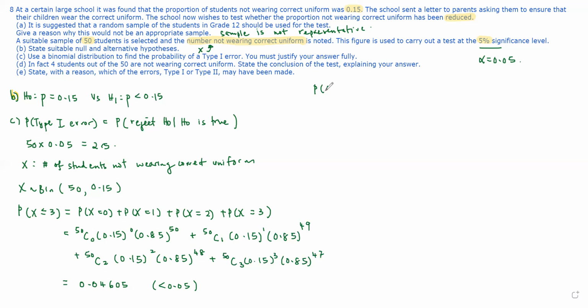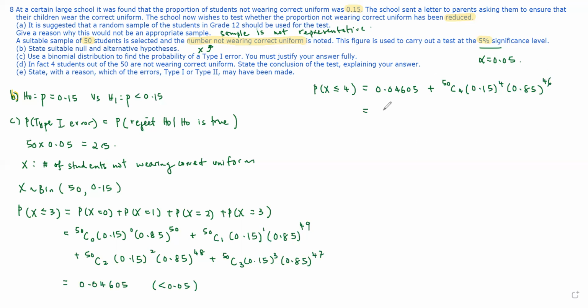What we want to do is test the next one, probability X less than or equal to 4, to see whether this is closer to 0.05 without exceeding it. That is 0.04605 plus probability X equals 4. That is 50C4, 0.15 to the 4, 0.85 to the 46.